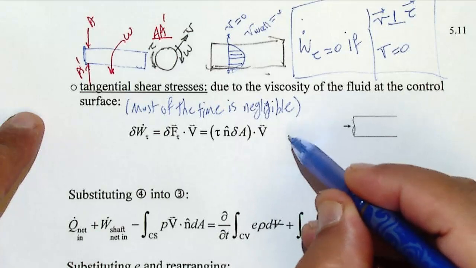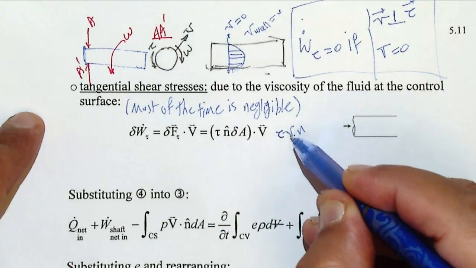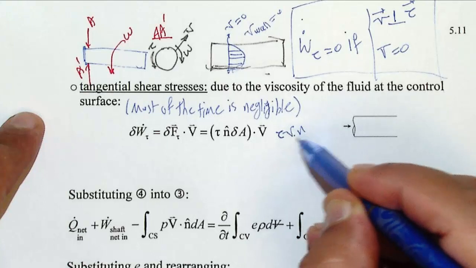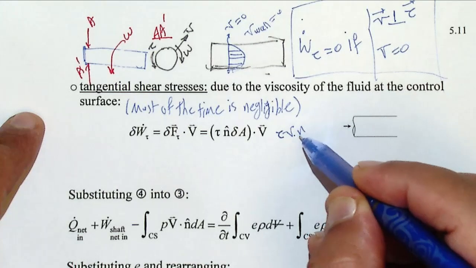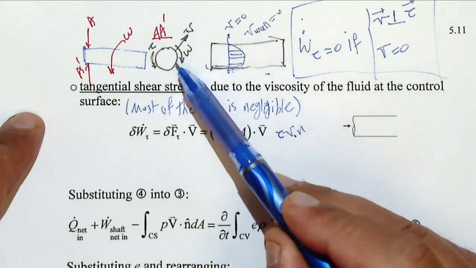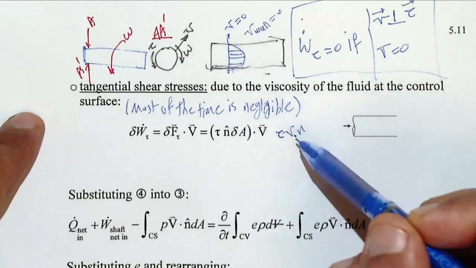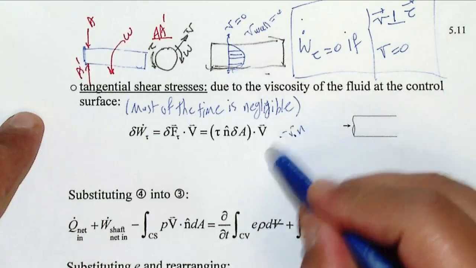Tau V dot n. So if tau and n are normal to the direction, and tau V dot n is 0, like what happens in the shaft, and also if V by itself is 0, then you can say that it is 0.